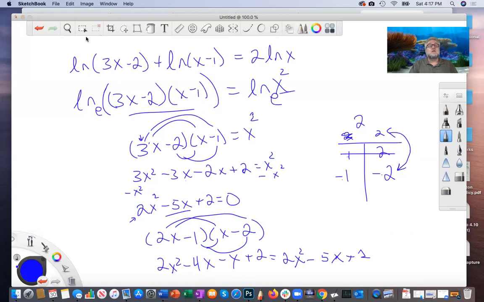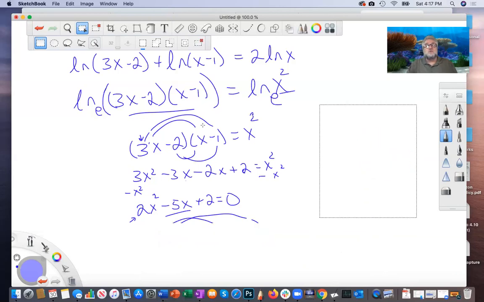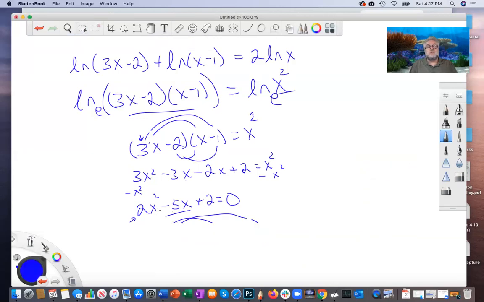Yeah, that's what we got. Okay, it worked. Yay. Now let's go ahead and finish solving this. So if this equals 0, oops, I erased it. That wasn't very smart. Okay, 2x minus 1, x minus 2 equals 0.